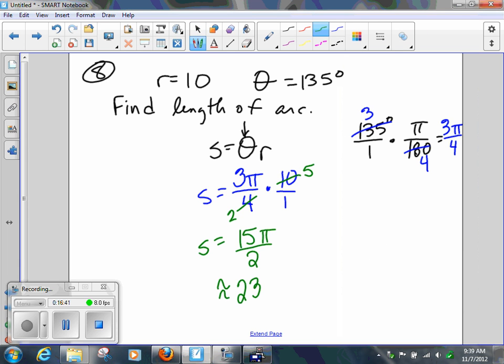Approximately 23.6 whatevers. That was the 4 decimal one? That's right, it is. 5619. And whatever the units of measure. Are you cool with that one? Any others?